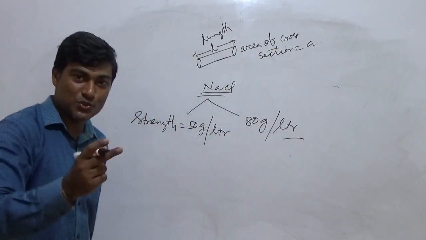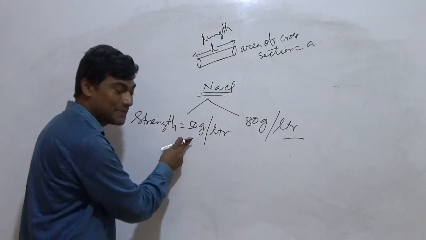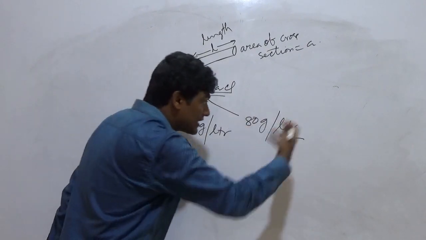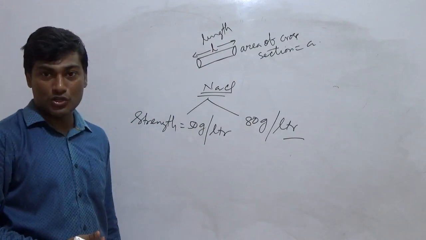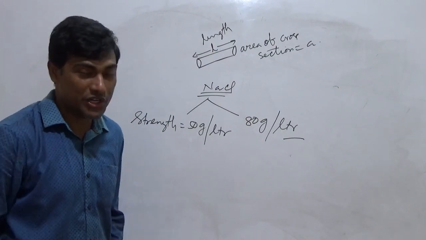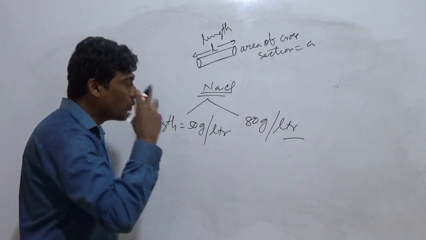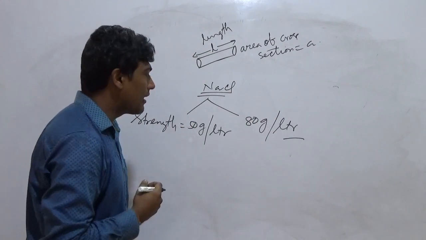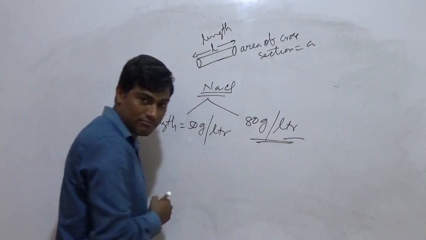In one, 50 gram of sodium chloride is added to 1 liter, in the other, 80 gram of salt is added to 1 liter. So a larger number of ions are present in this solution.